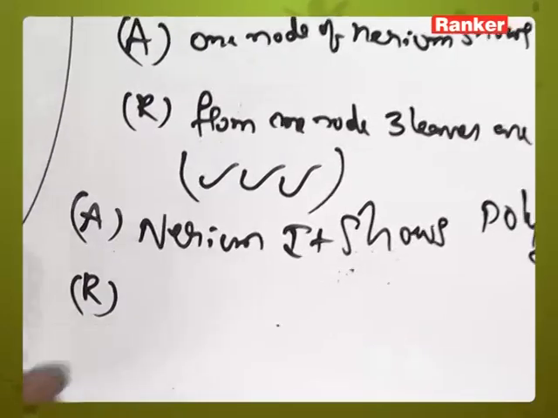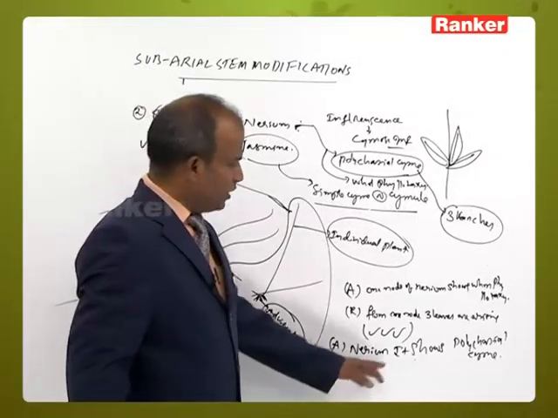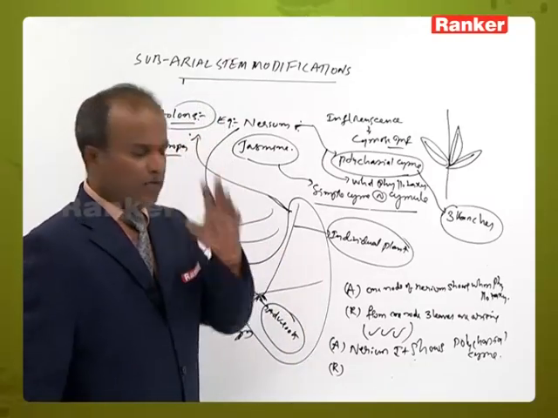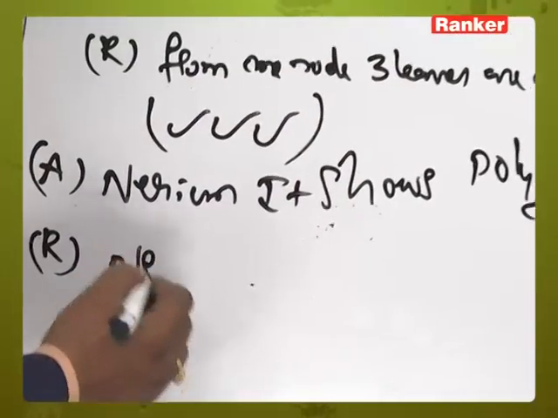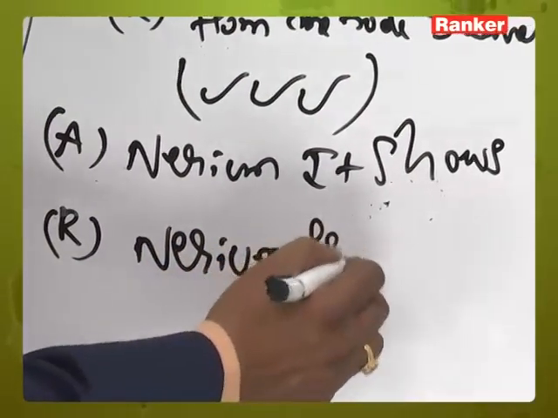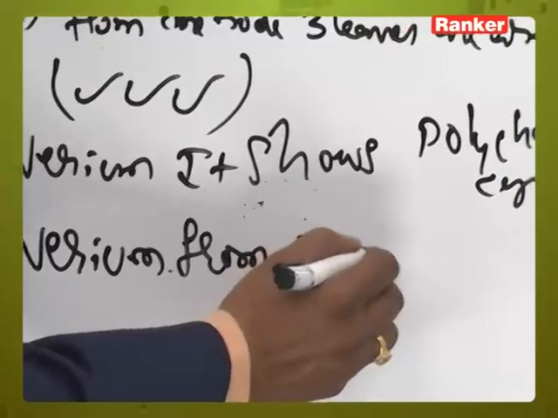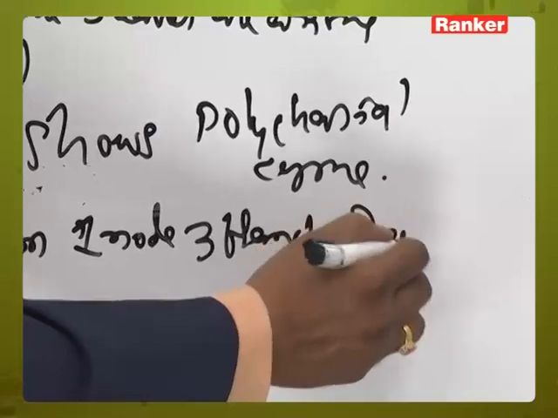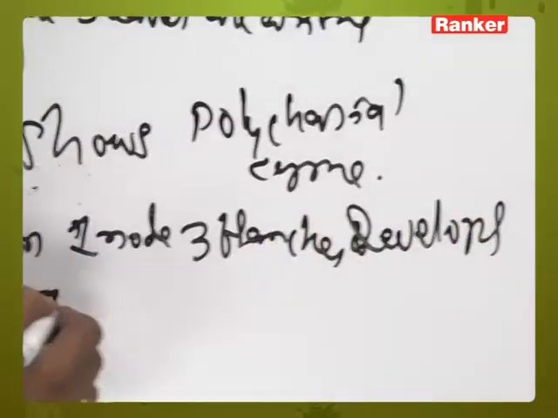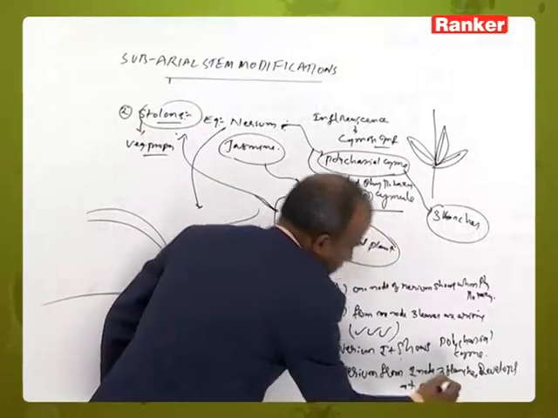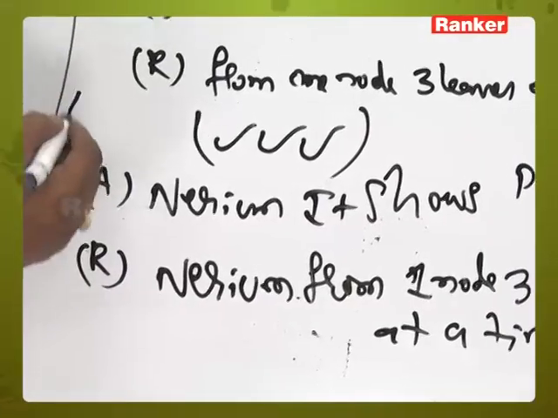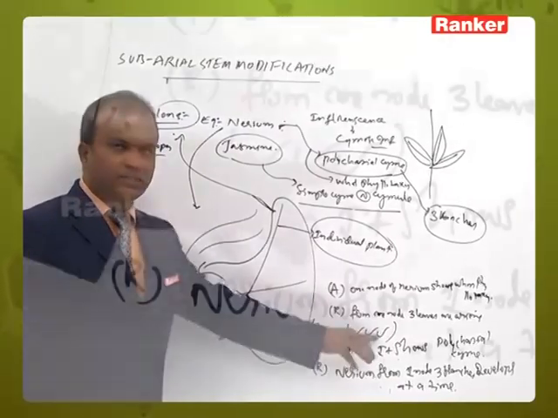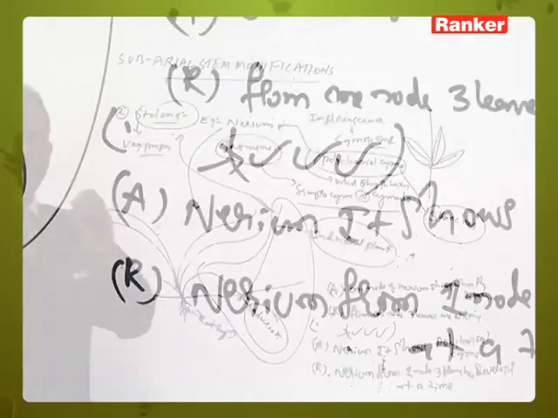In polychasial cyme, from one node, three branches develop at a time. In this, the correct option is the same: A is right, R is right, and R is the correct explanation for A.